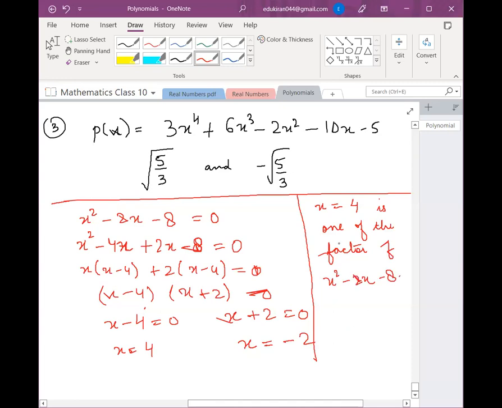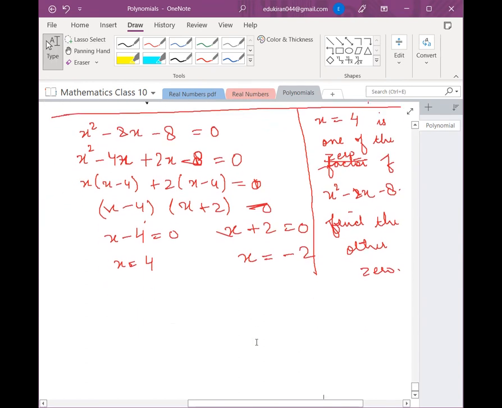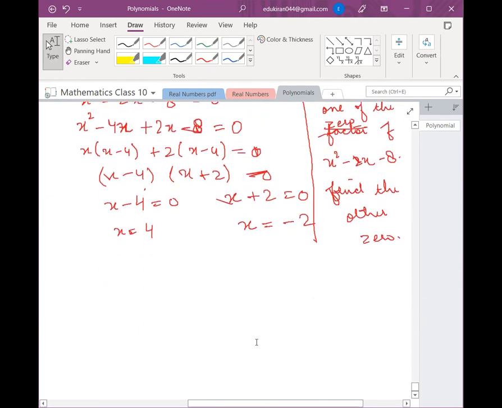Find the other zero. Now, can you see this question is similar to this question? Yes, ma'am. I know I should get the answer minus 2. Yes, Hamna? Yes, ma'am, because we have already seen that minus 2 is the other zero of this polynomial. Yes, Sarah?